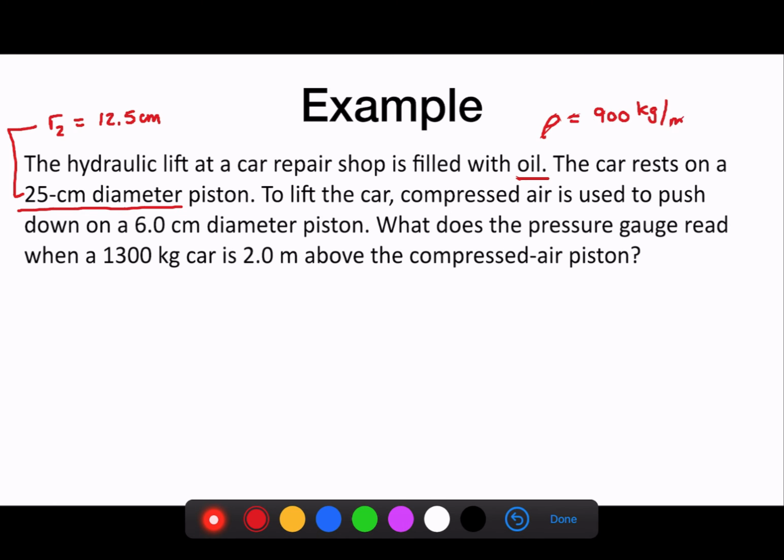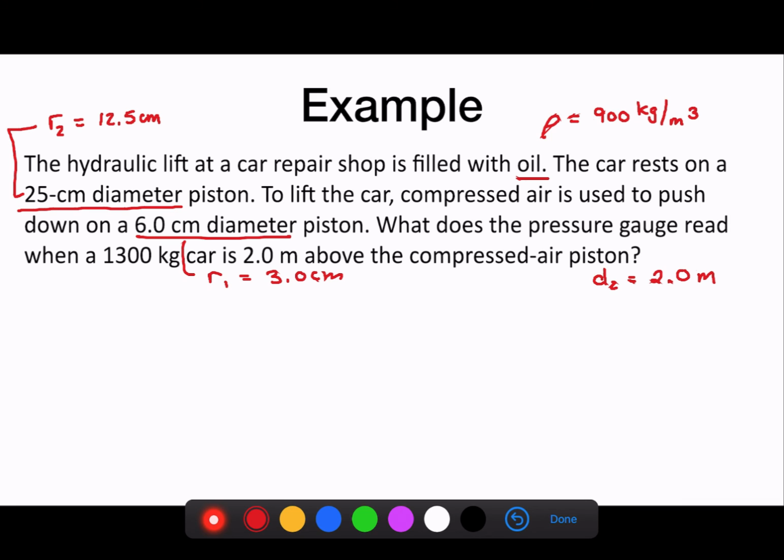We know that our first piston is only a 6 centimeter diameter, which means an R1 of 3 centimeters. That's the one we're going to push down on. And we want to raise the car a distance of 2 meters. And we want to figure out what the pressure gauge reads when the car is 2 meters up.